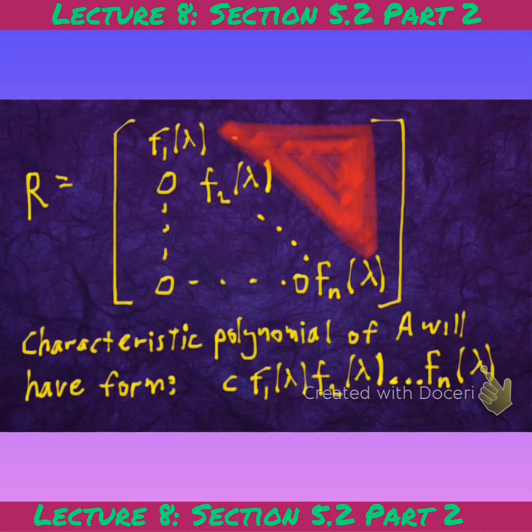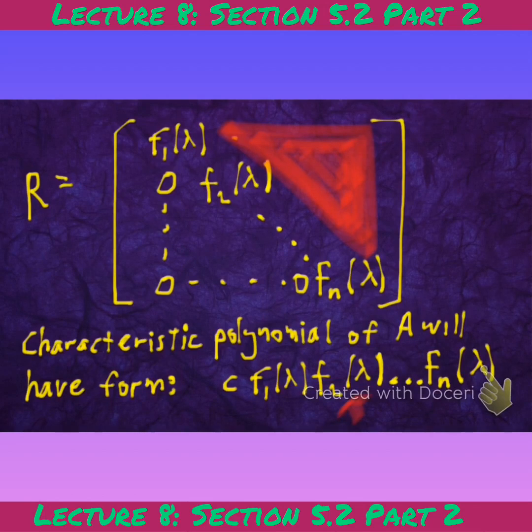So therefore, if we calculate the determinant of the matrix R, it's going to be the product of those entries there, and then working backwards, we can deduce that the characteristic polynomial of A will have this form here.